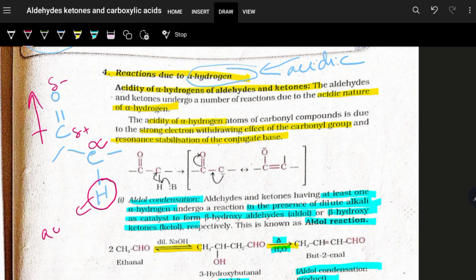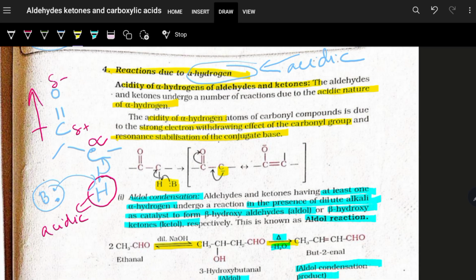This hydrogen can be abstracted by any base which is there in the medium. With a dilute base, it abstracts this H and the negative charge is obtained over the carbon, and this intermediate is resonance stabilized. So the alpha hydrogen getting removed means this is your conjugate base, and the conjugate base is resonance stabilized.